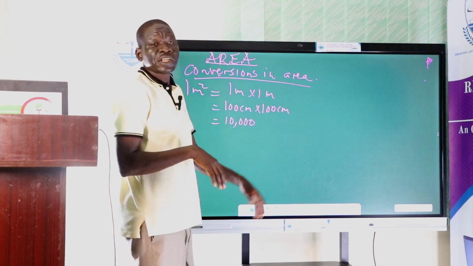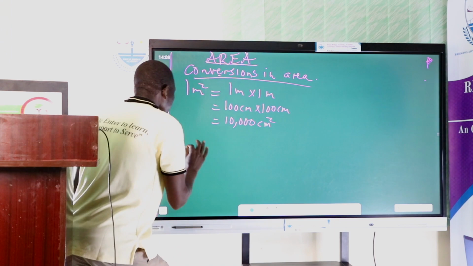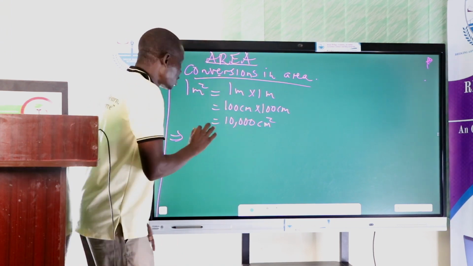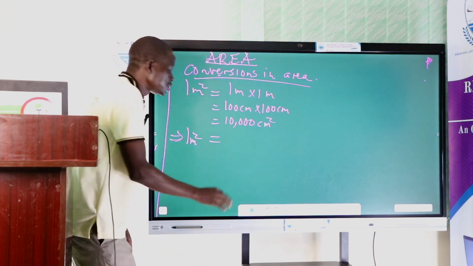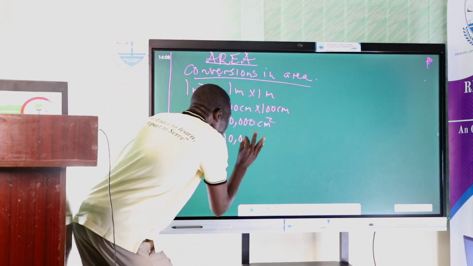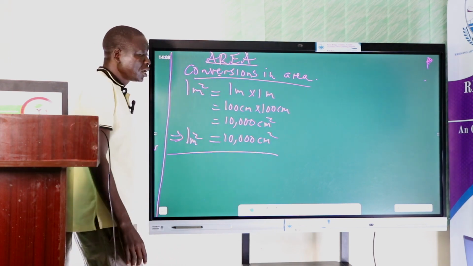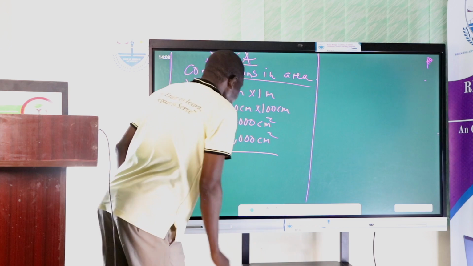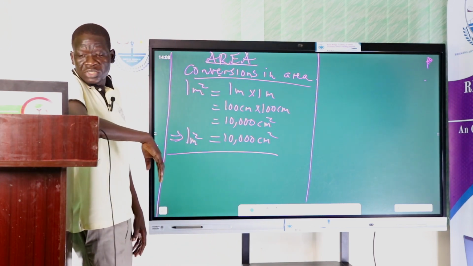And a centimeter times a centimeter gives a centimeter square. So this implies that 1 meter square is equal to 10,000 centimeters square. That is the relationship between a square meter and a square centimeter.